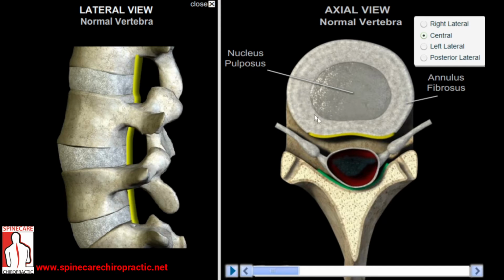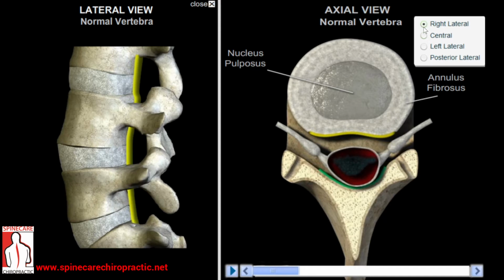This outer ring is more solid, like a cartilage material. At the back is your spinal cord, and on the left and right are your nerves. When you have a slip disc, what happens is the outer ring, the annulus, gets damaged and torn, and the fluid in the center leaks to the back.